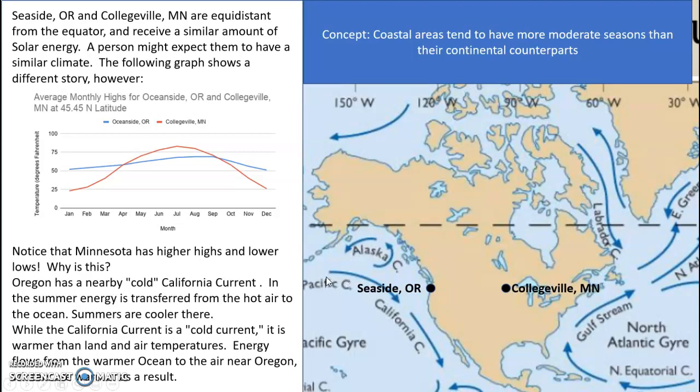But in the winter, even if it's a cold current, it's not nearly as cold as the air nearby. So in the winter, it's actually warmer and it starts providing heat. The heat goes the opposite direction. If you notice how flat this curve is, that's because the ocean's nearby. The ocean flattens the curve. If you're in the center of a continent, you have bigger extremes.